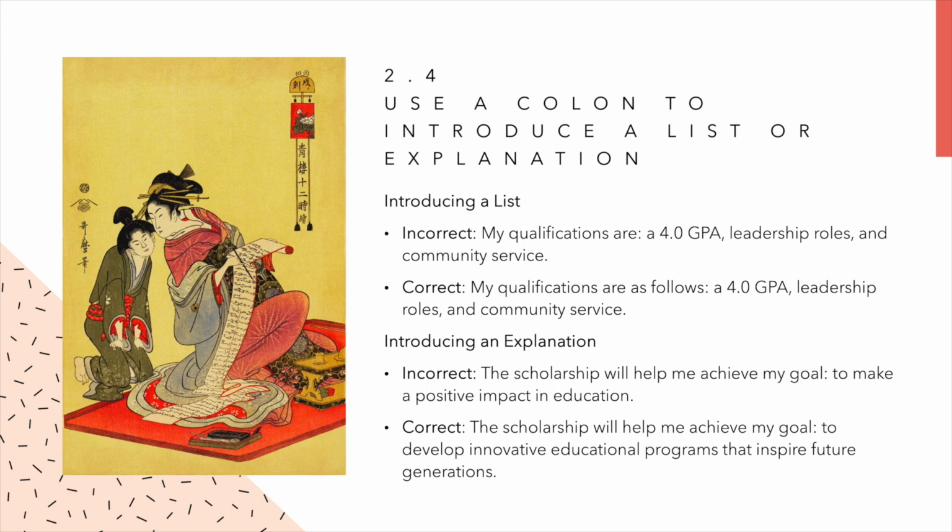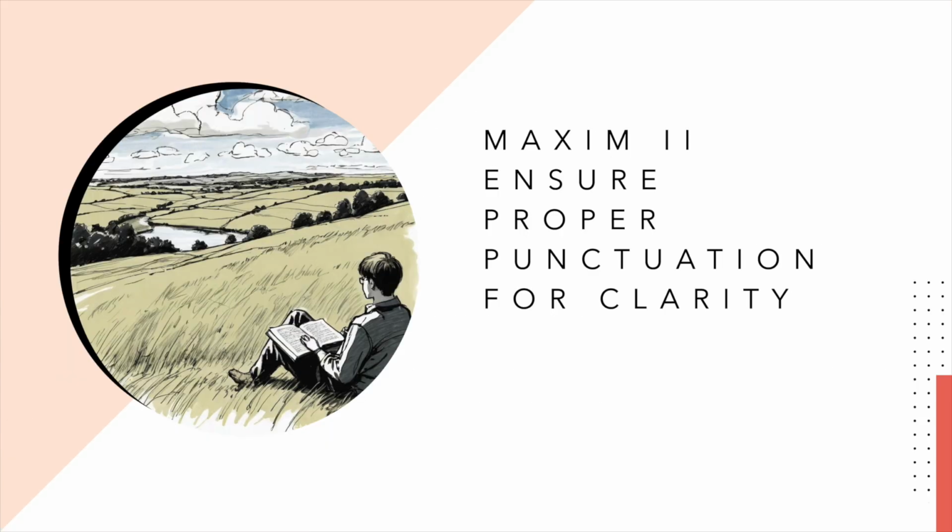The incorrect example is incorrect because in this case, the second sentence does little to explain the first and might as well be just one sentence. So use a colon when you want to indicate that the second sentence elaborates the first sentence in more detail and length. So, to tie up the key message in this part, we can say that to make our essays clear and concise, we must ensure proper punctuation.